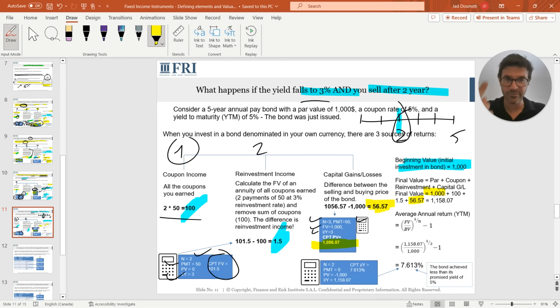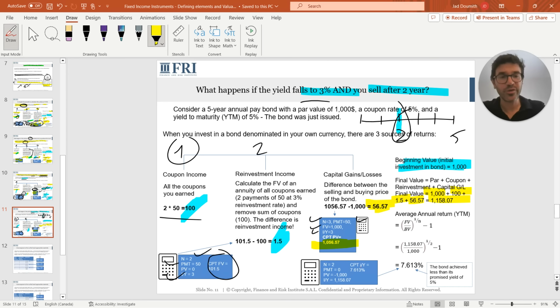You could have written them in one number instead of 1,000 plus the capital gain. And then $100 in coupons, and then $1.5 of reinvestment income, for a total of 1158.07.